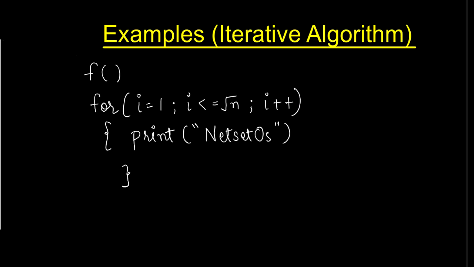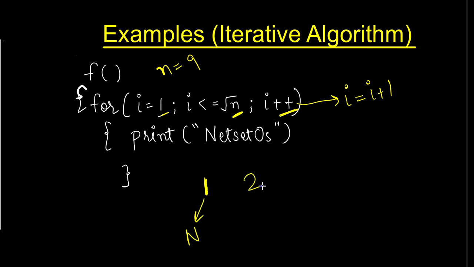For another example, where we have i is equal to 1, i plus plus is always i is equal to i plus 1. Now let's say we have n is equal to 9. That means for i is equal to 1, it will print netsetOS. For 2, it will print netsetOS.